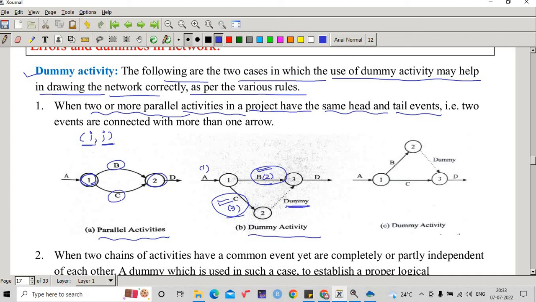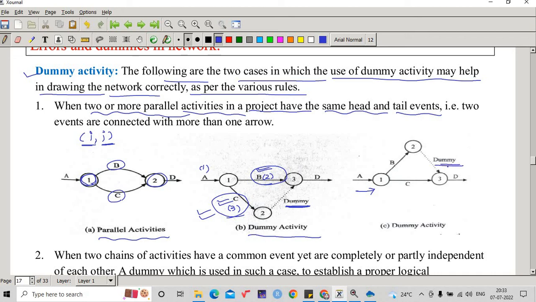So in that case, a dummy activity we can plan, and it can be shown with this dotted line. Similarly here, the same structure can be rearranged in this way. Activity A is completed at this node, B is started, it is reaching 2, right? C is started, it is reaching 3, and B and D can be connected through this dummy line.